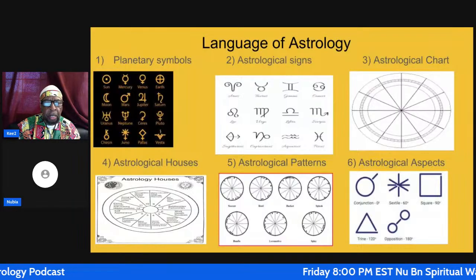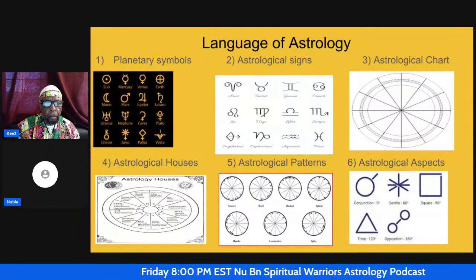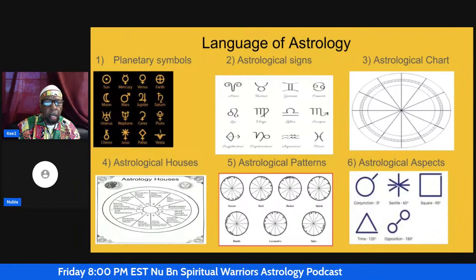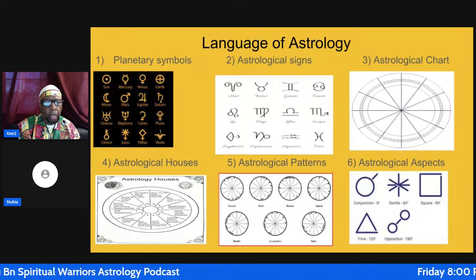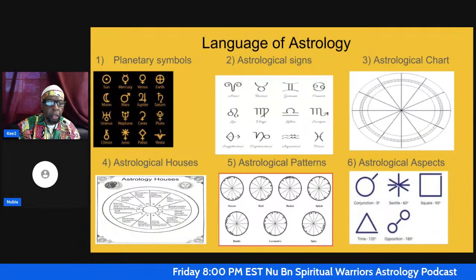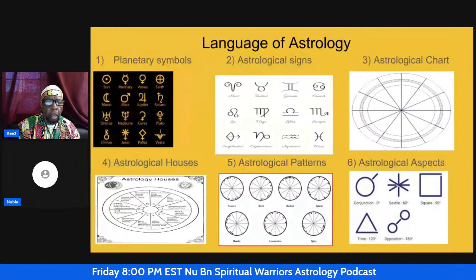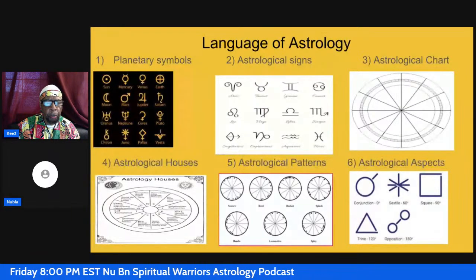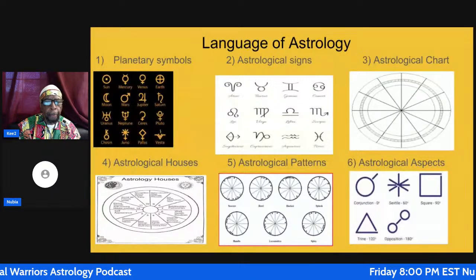Say, for instance, that first pattern is a seesaw pattern. Okay, and you see that a cluster of planets are in the upper hemisphere and a cluster of planets are in the lower hemisphere. It can be the same thing with a cluster of planets in the eastern hemisphere and a cluster of planets in the western hemisphere. They're like a seesaw, okay?